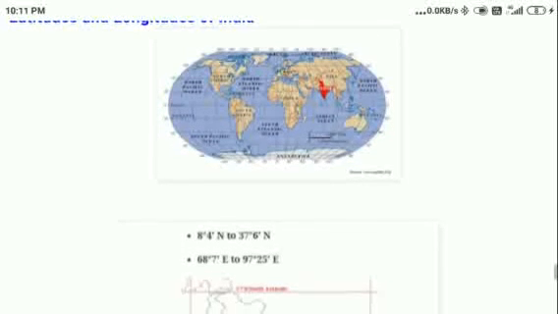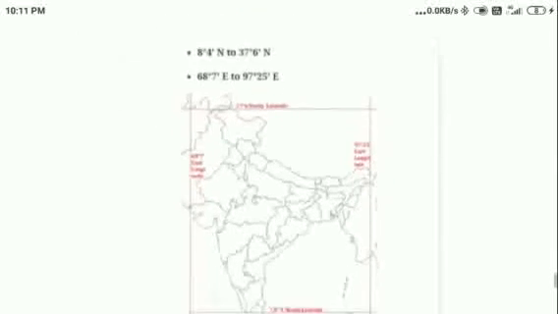If we take that particular area out of the big picture, we find that our country is lying between 8 degrees 4 minutes north to 37 degrees 6 minutes north.